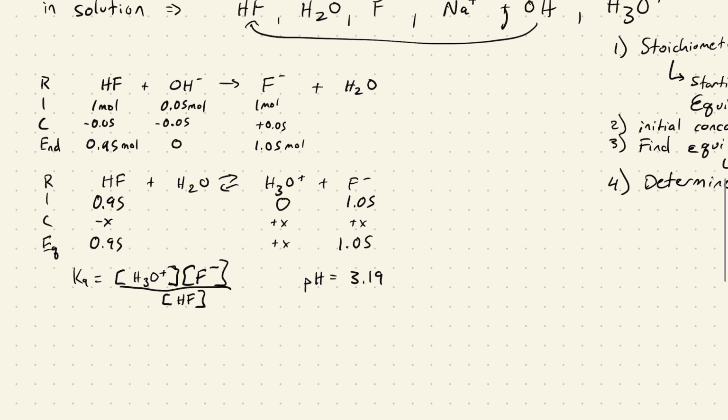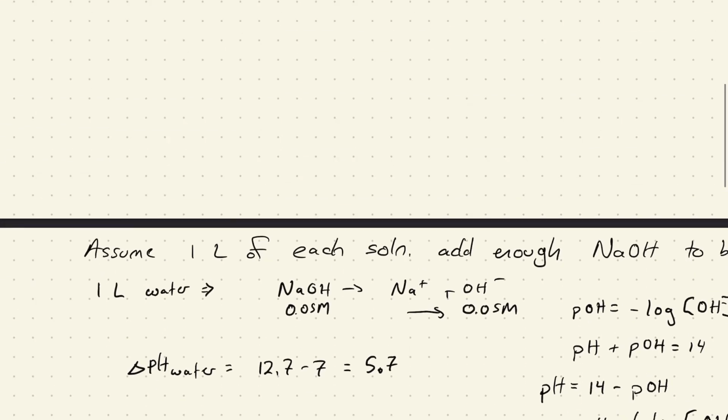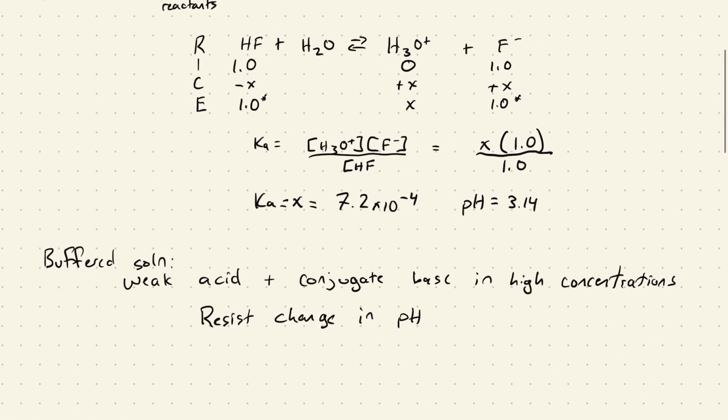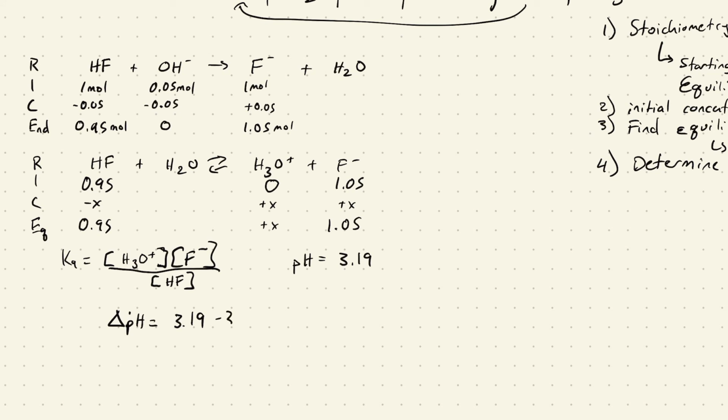Okay, so now for this one, my change in pH is going to be the new pH, which was 3.19, minus the pH of the buffered solution, which was 3.14. Look at that, 0.05.